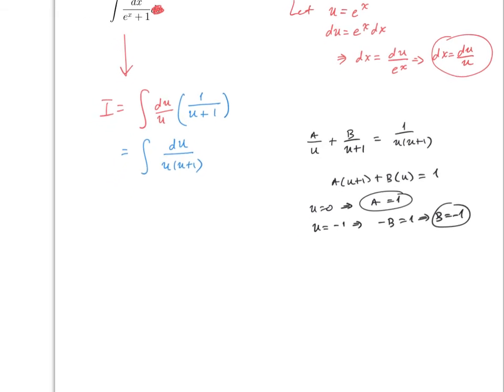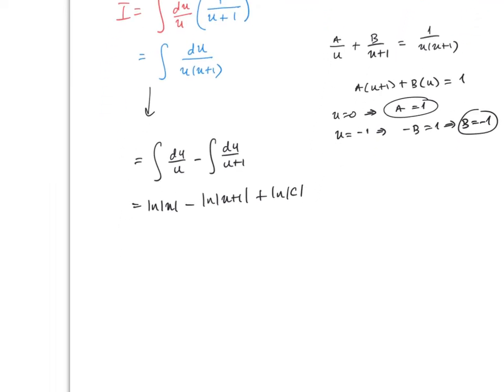And therefore, from here, this becomes the integral of A, which will be du over u, minus B, which will be du over u plus 1. The integral of this one is ln u. The integral of this one is ln of u plus 1. And then you can say ln of c for the constant, or just c.